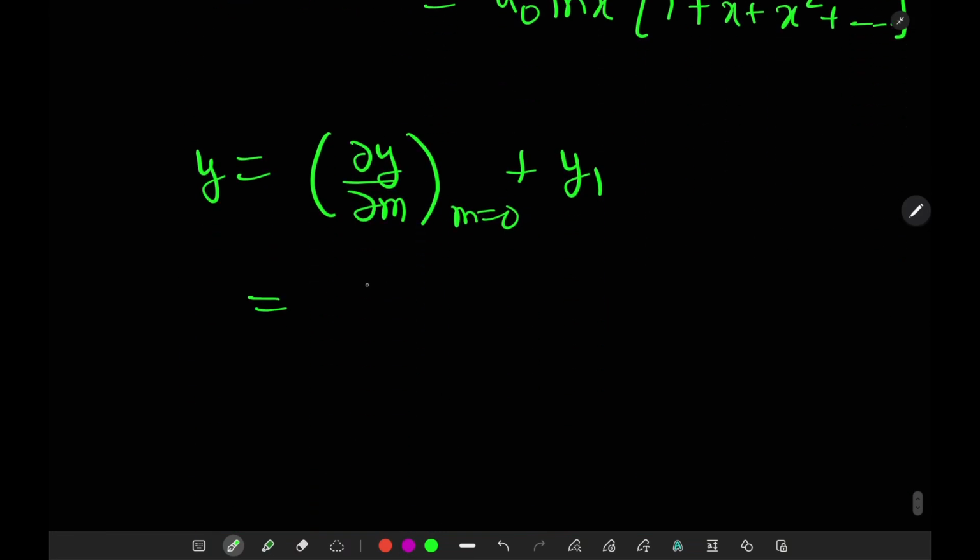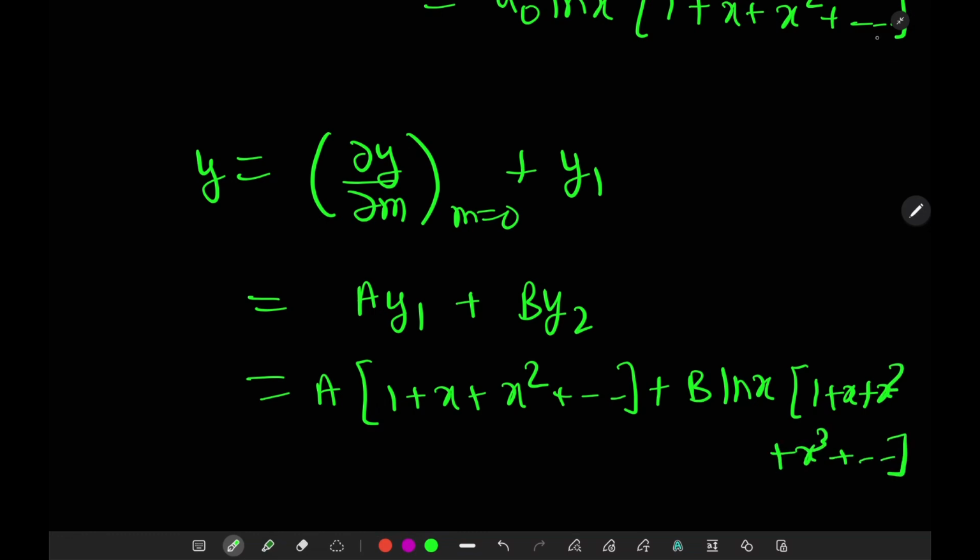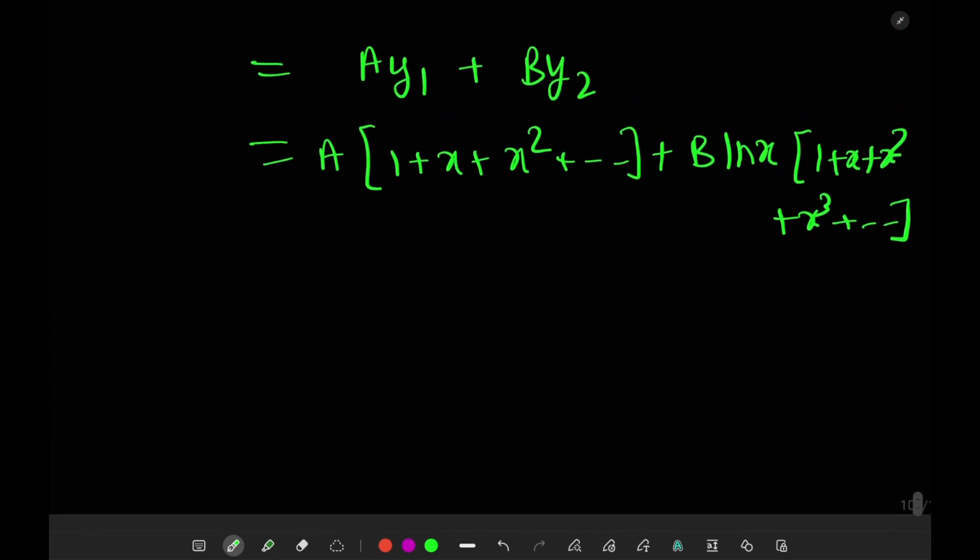So we can write here a y1 plus b y2 is equal to a into y1, which is 1 plus x square up to so on, plus b into log x times 1 plus x square plus x cube up to so on.